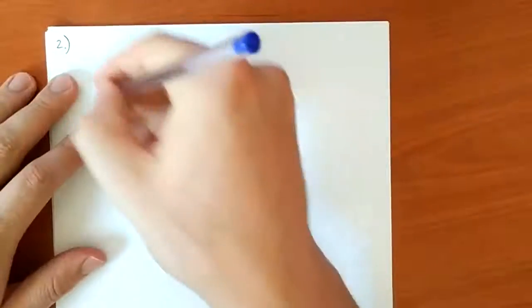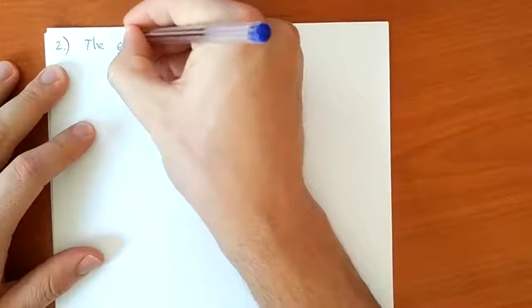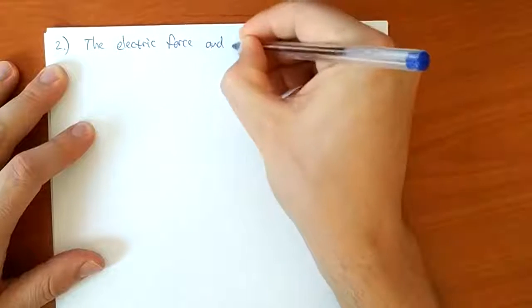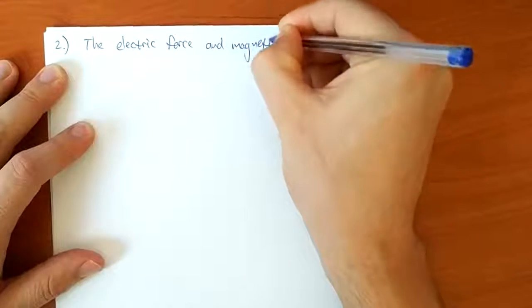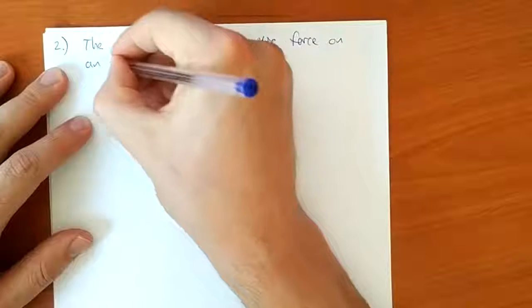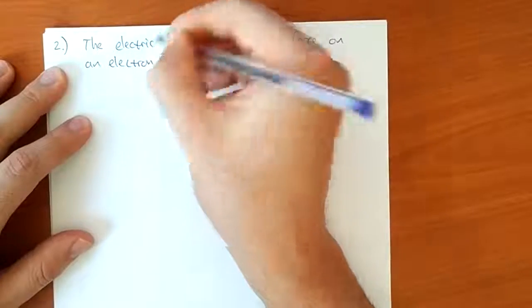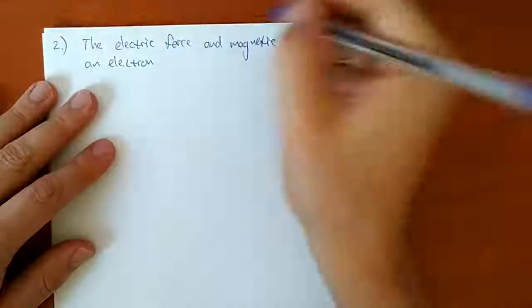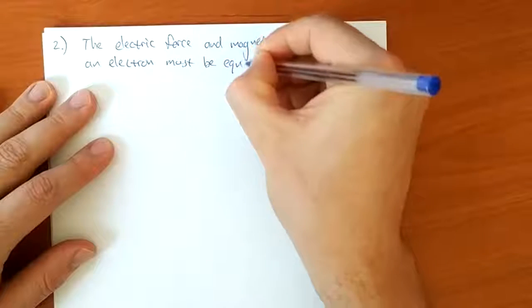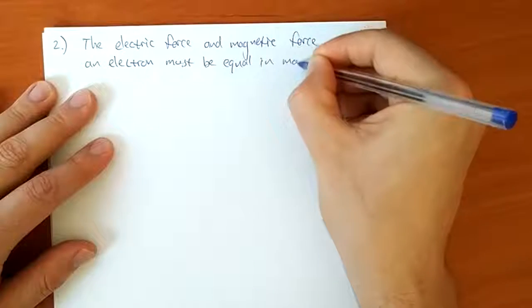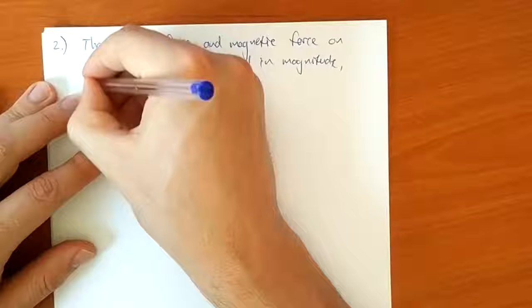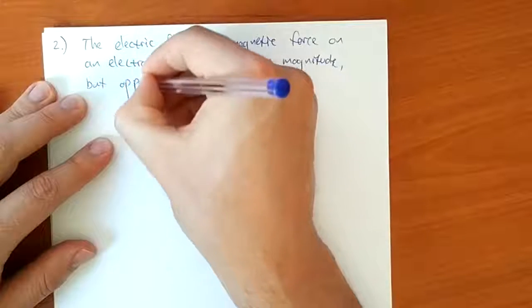So, 2. The electric force and magnetic force on an electron must be equal in magnitude but opposite in direction.